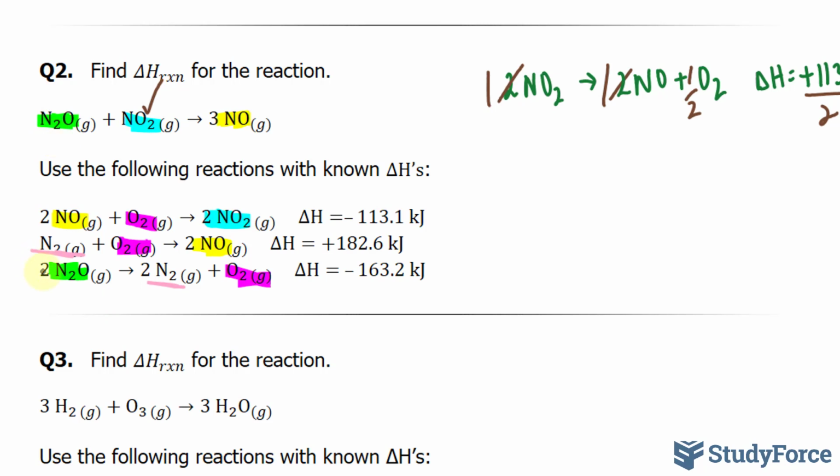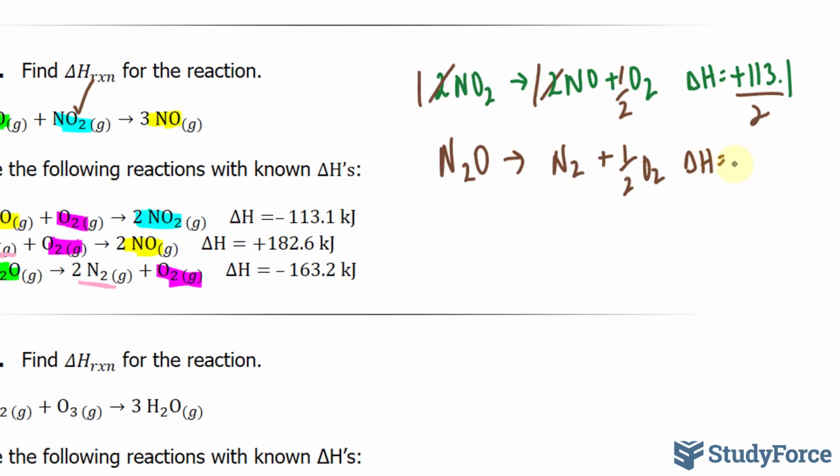I'll divide this one by half. So let's go ahead and do that. If I divide this by half, I have to divide each of these by half. So half of 2 is 1. We have N2O. Half of this one is N2, and half of this is half an oxygen molecule.